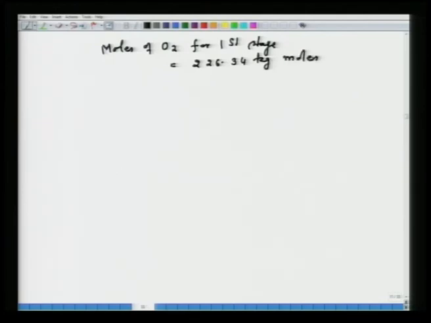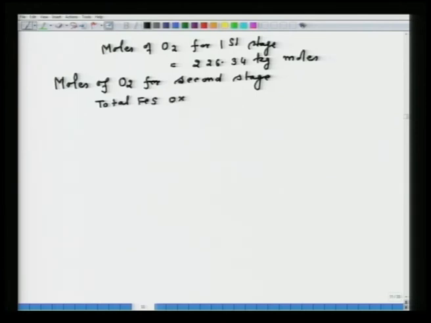Now, similarly, you have to find out the moles of oxygen for the second stage. Here, the total FeS oxidized in the second stage, from all sources, will be equal to 54.5 kg moles.